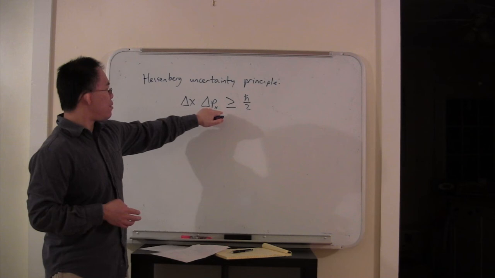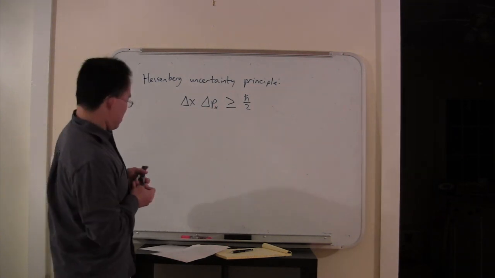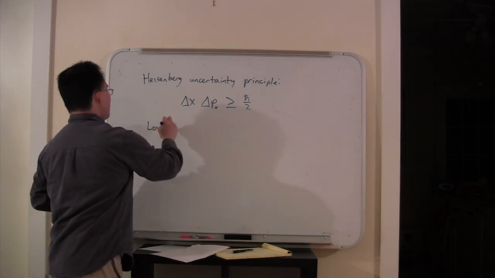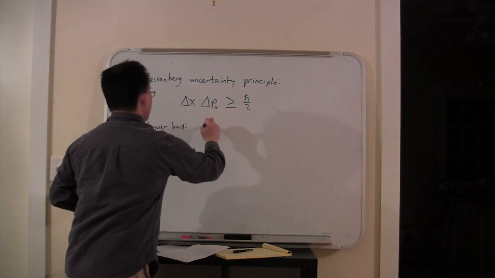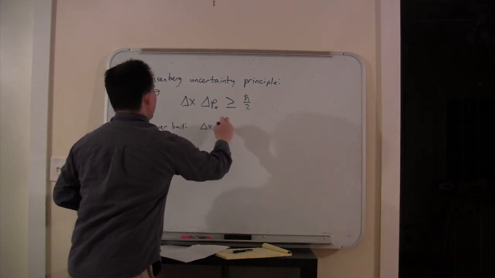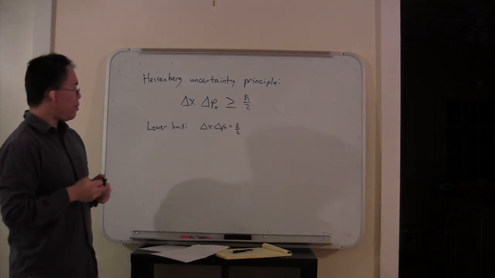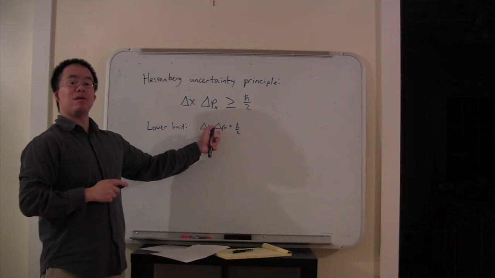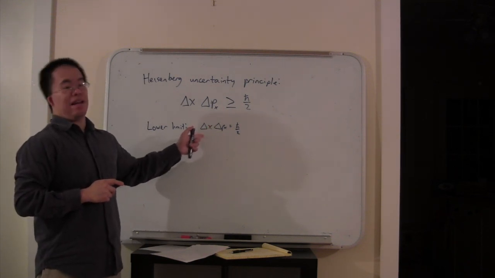Now the fact that there's a lower limit to the product of the uncertainties, delta x delta px equals h bar over 2, suggests that if I want a smaller delta px, I'm going to need to have a bigger delta x.